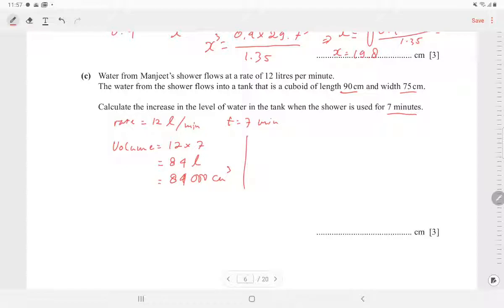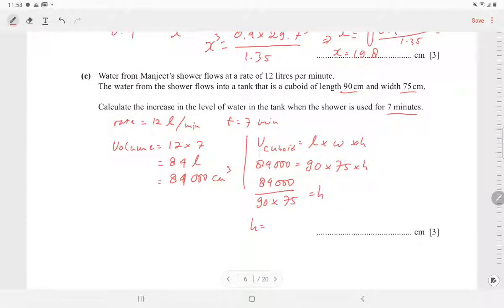Now calculate the increase of the level of the water. Okay, so this is the volume of a cuboid, which is length times width times height, right? So this is 84,000 equal to 90 times 75 times the height. So the height will be 84,000 divided by 90 times 75.